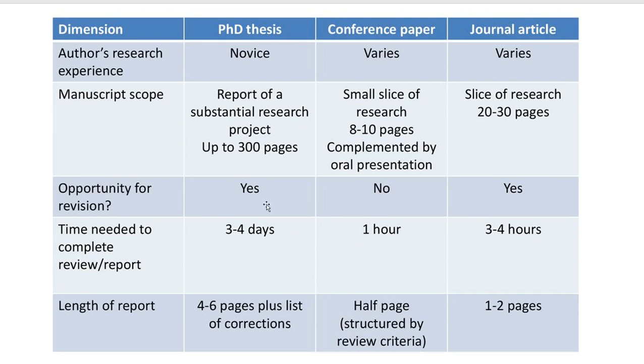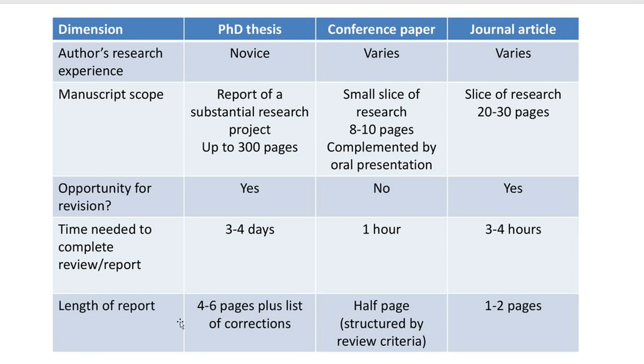In some cases a PhD thesis takes someone either 6 months, 1 year, 1.5 years, or 3 months, like this. A conference paper takes 1 hour to 3 days, and journal articles take 3 to 4 hours up to 4 days. The language and length of the report is 4 to 5 pages plus a list of corrections.